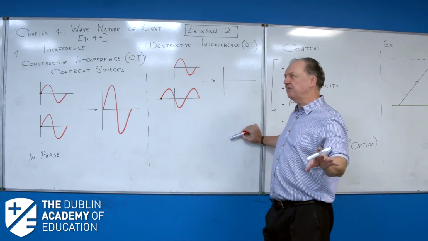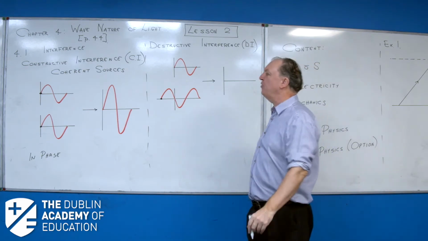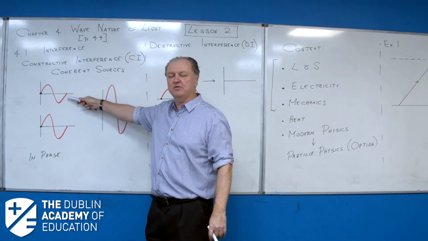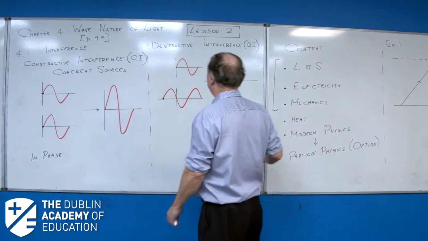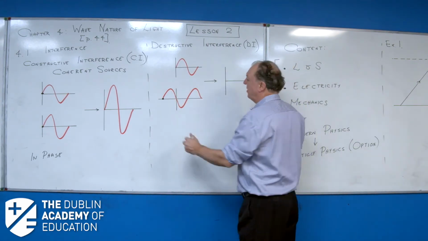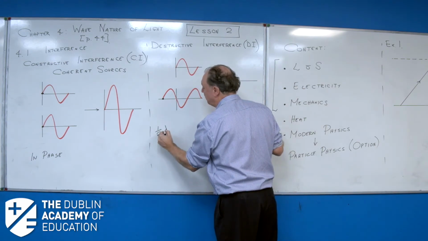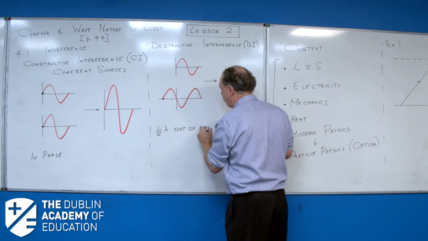It actually started half a wavelength back. You know what a full wave is, right there. That represents a full wave, doesn't it? That would be a wavelength. Well, right there, you've got half a wavelength. So I would say right here that these two waves are half a wavelength out of phase, out of step.